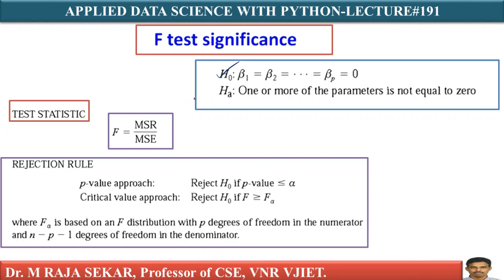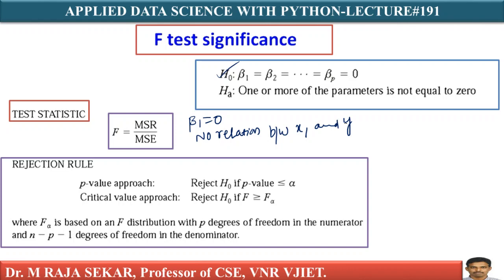For example, if I accept beta 1 equal to 0, then what does it mean? There is no relation between x1 and y.